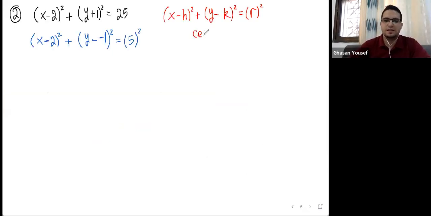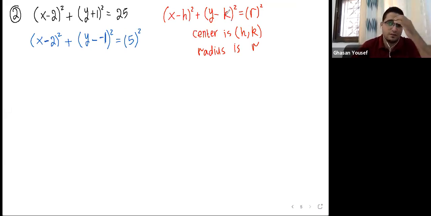So going back to the example, the center is (h, k) and the radius is r. We flip the sign of h and the sign of k. So to rewrite this equation, we change the positive 1 to minus minus 1.